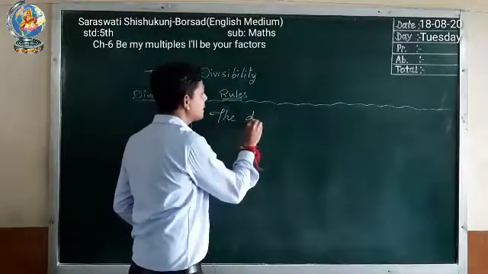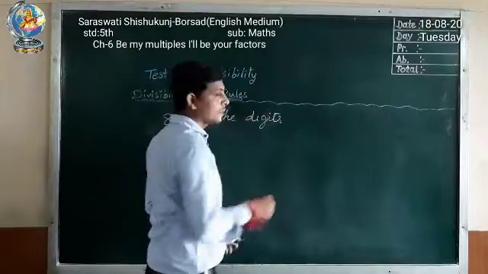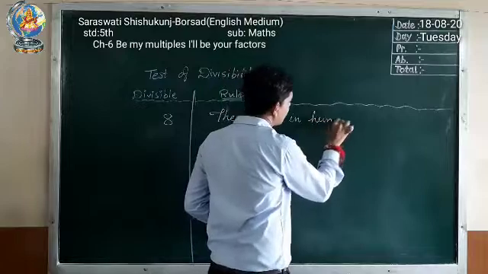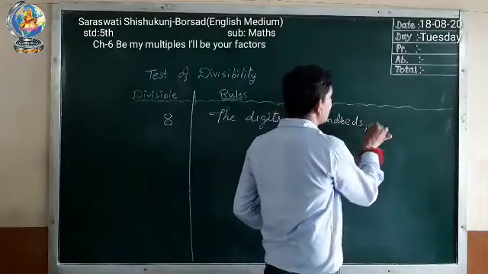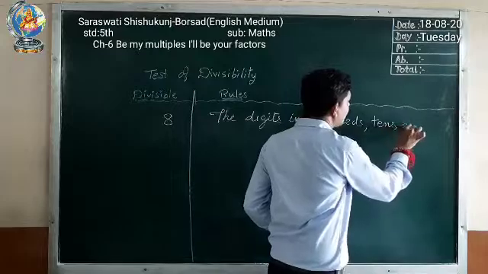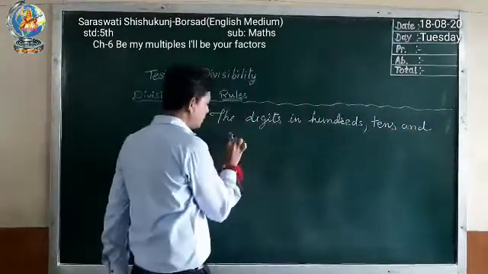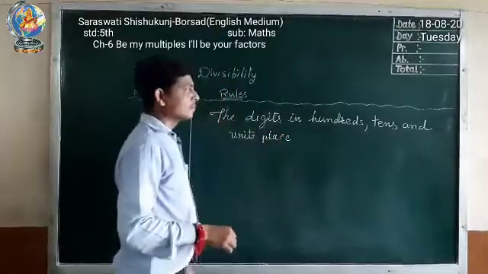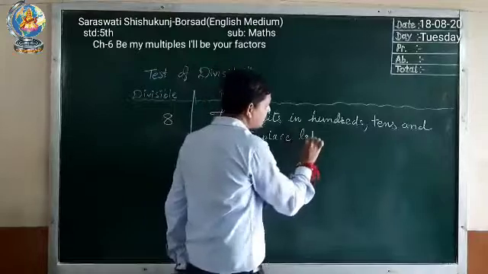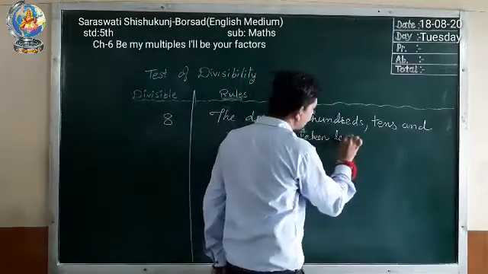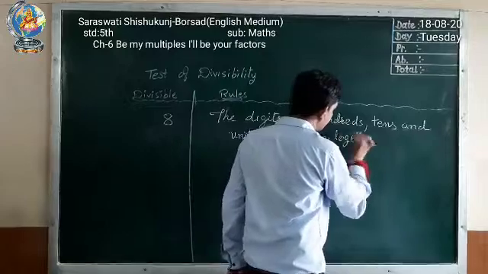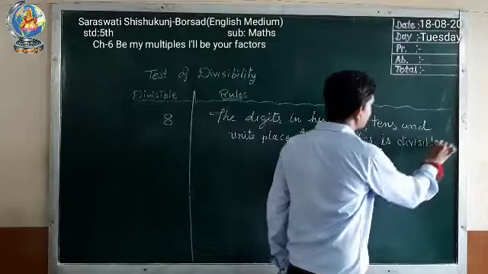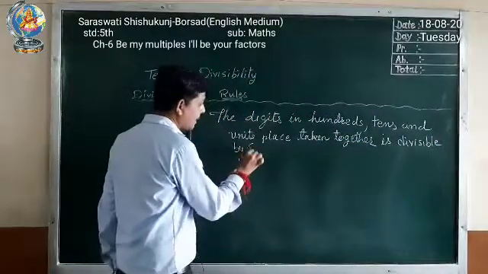The digits in the hundreds, tens and unit place taken together is divisible by 8.